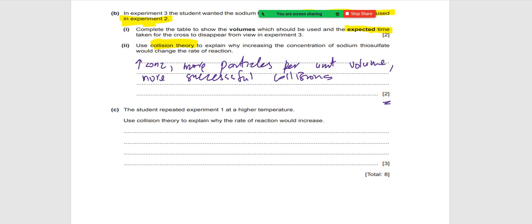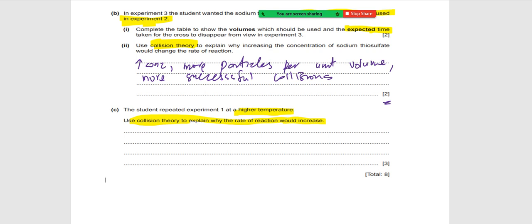The student repeated experiment 1 using a higher temperature. Okay, so higher temperature. Using collision theory, explain why the rate of reaction will increase. So the same thing, okay? So remember just now I told you the 2 factors.